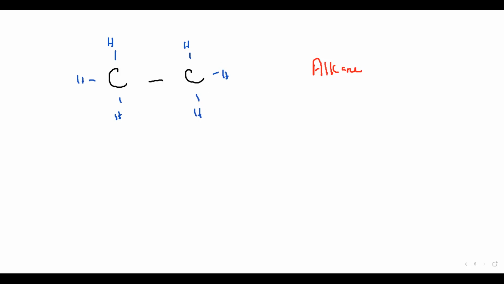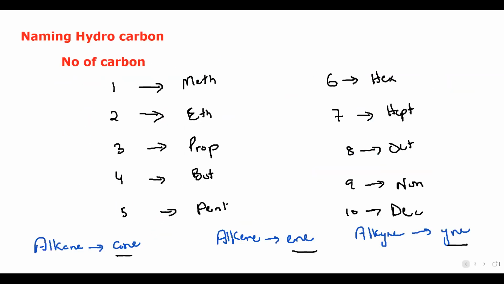Now, what is the name of the compound? The name of the compound depends on the number of carbon. So how many carbon did you see here? 2 carbon. If 2 carbon, what is the prefix used for 2 carbon? It is eth.